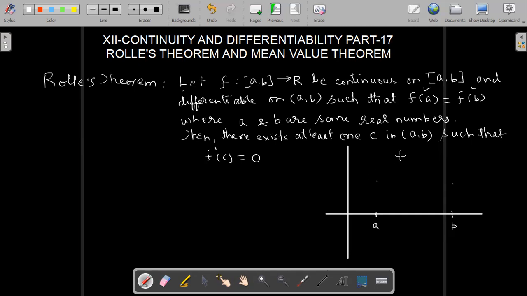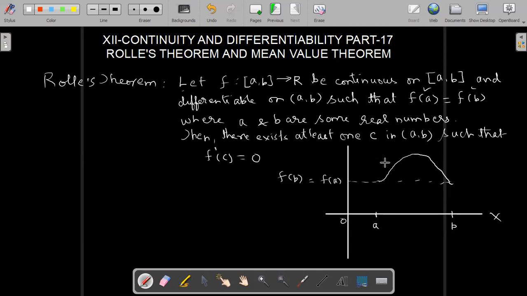So from this point the curve starts, and it is continuous. So obviously if its value increases, it has to come back to this level because this is the same. This is f(a) and also the same length here, so this is also f(b).